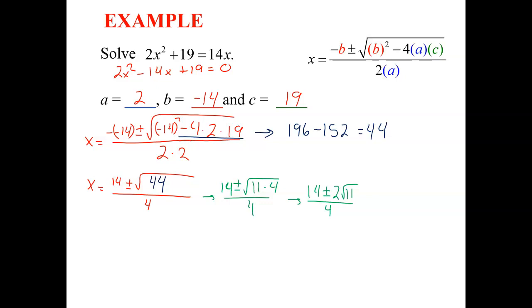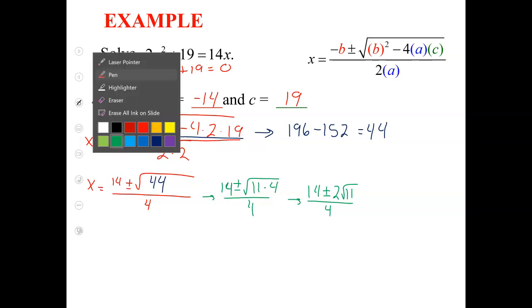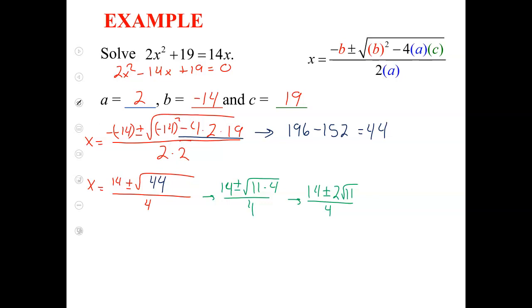But there's one other thing I can do to simplify. Why did you pick 11 and 4? I need a perfect square factor of 44, and I know 4 is a factor of 44, so 4 times 11 gives me 44. I can square root the 4, and I can leave the 11. 11 doesn't have any square factors to simplify it.